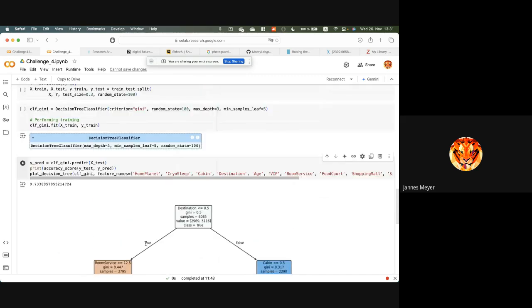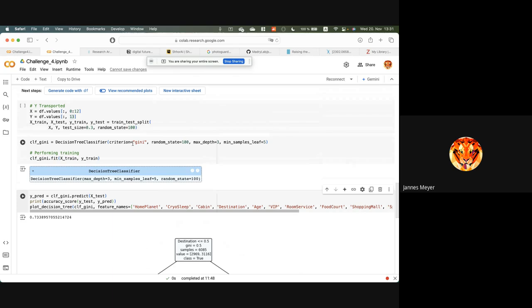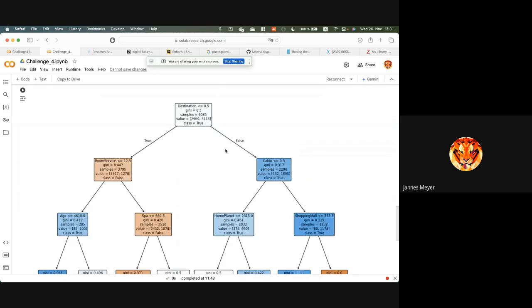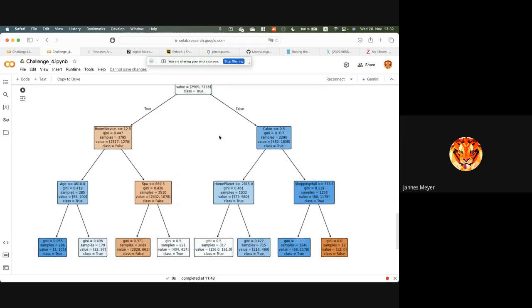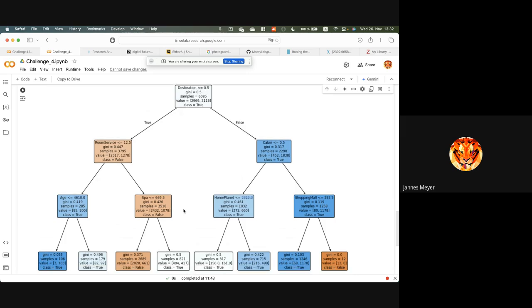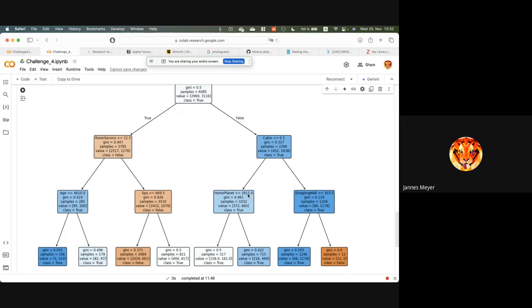And maybe just one quick step here. What we have done here is, with the Gini criterion, we picked a max depth of 3 and a minimal sample leaf of 5. So we can probably test around with that too, but for now we have only gotten into this. Actually, for interpretation reasons, we may have to do some other work on the home planet, since we switched some values into integers.